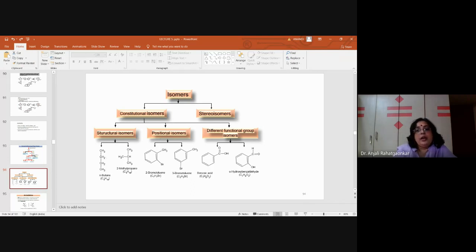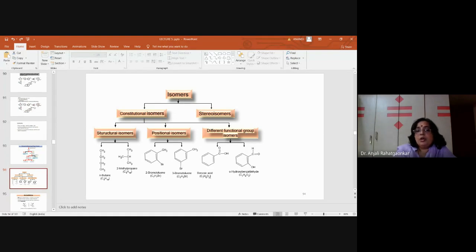And what about the positional isomers? Here it is with respect to the toluene. This toluene has CH3 present at the second position here, but the molecular formula is the same, only the position is different. Here also the position and the structure are different. Now here the different functional groups.